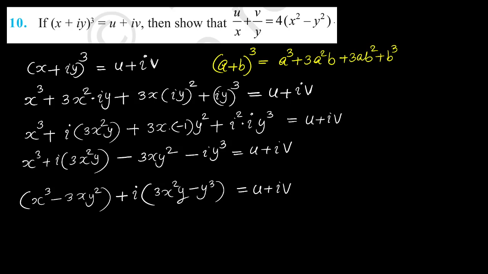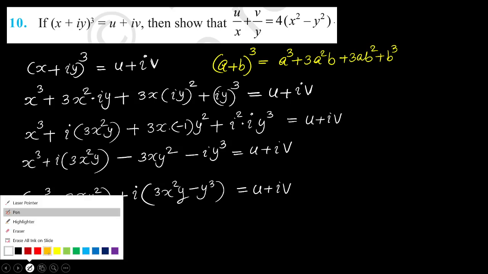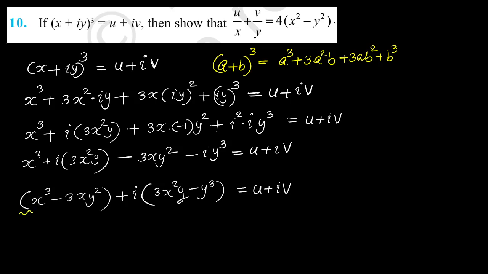So, can I compare left side and right side? In the left side, this underlined term does not contain i. You agree with me? In the right side, the corresponding term is u. So if two complex numbers are equal, the left side is in complex number form, the right side is also in complex number form.